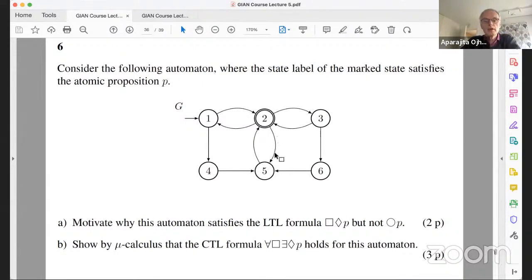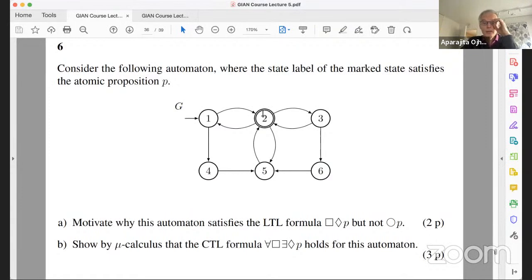And if we go around here, we can see that, well, if we go down to state 5, the only choice we have is to go back to 2. So that sounds okay. If you go to state 1, you can go back to 2, but you can also go to state 4 and 5. And from state 5, you can go to 2. So once again, we have a repetitive behavior of arriving in state 2. And if you go to state 3, you can also go back to 2, or you can take 6, 5, and then you have to go back to 2.